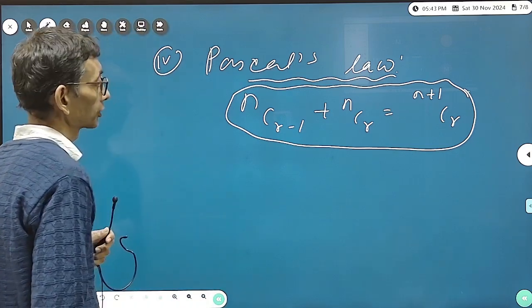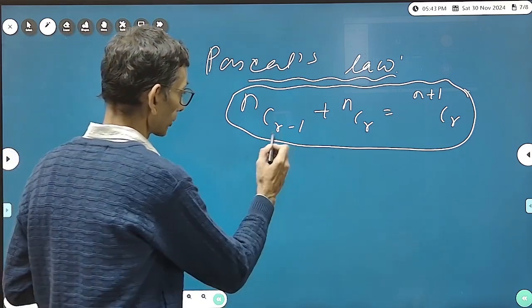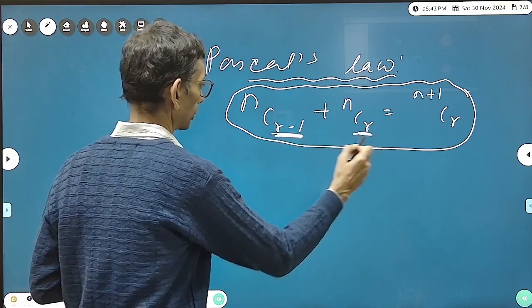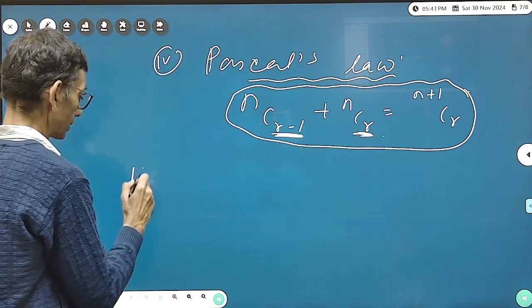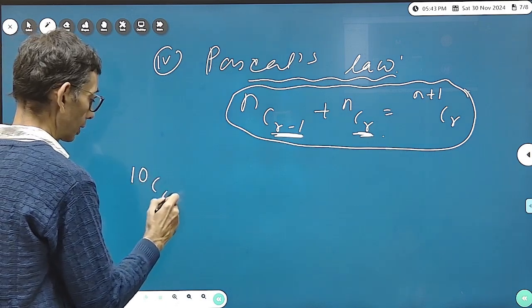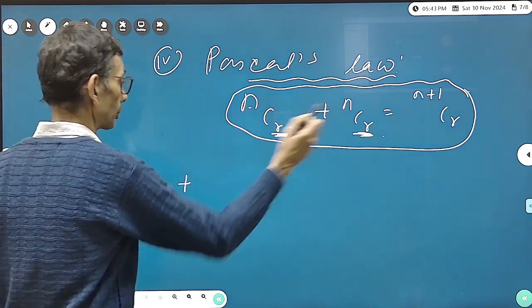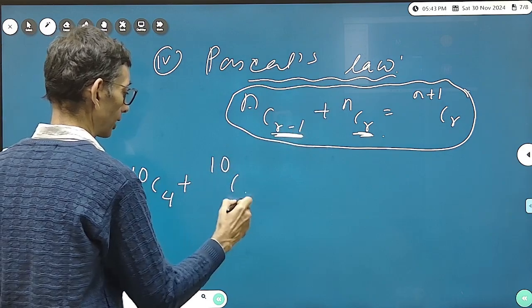Remember one thing while using Pascal's law: only the lower suffixes must be continuous numbers. For example, 10C4 and 10C5, these two must be continuous, then only you can use this formula.